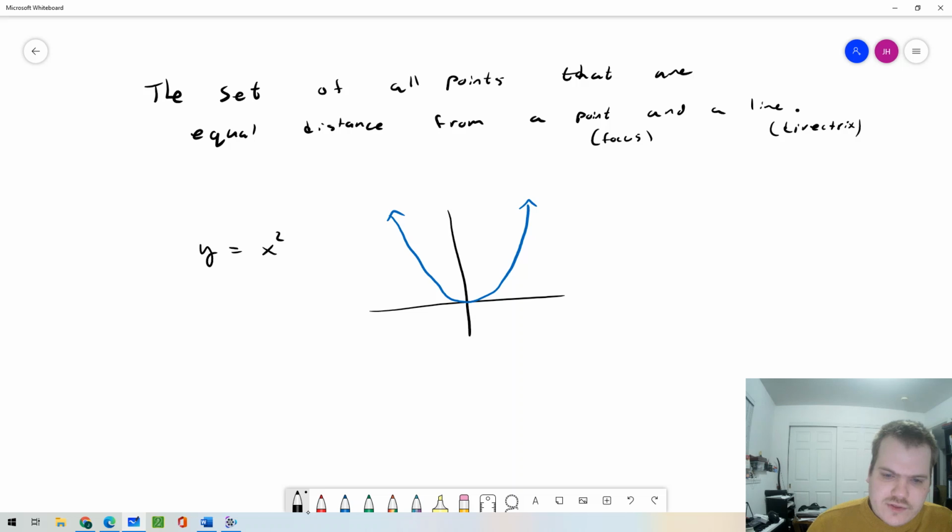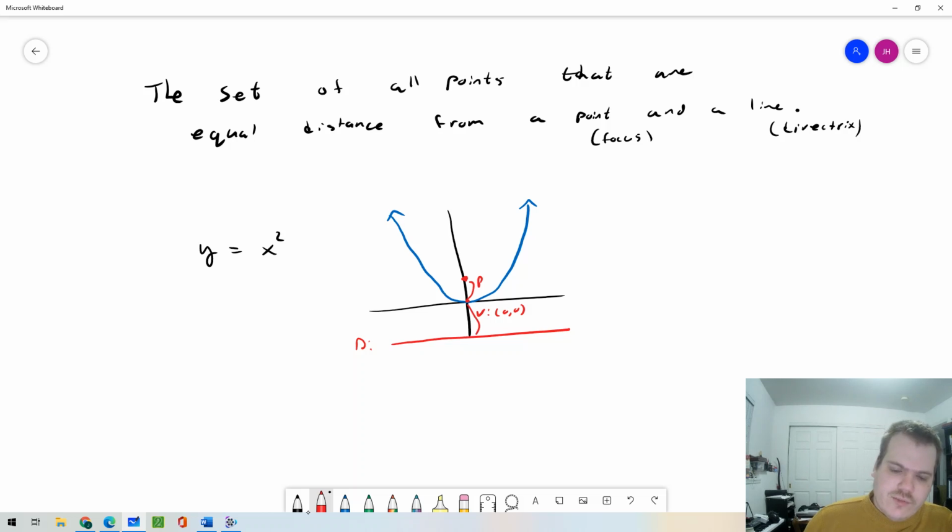So I've got some kind of point here, which we say is p, the distance from my vertex, and my vertex here is at (0, 0). Its distance is p, so this point is going to be my focus. And on the other side, over here, I have a line called my directrix, often called a big D. And this distance is also p.